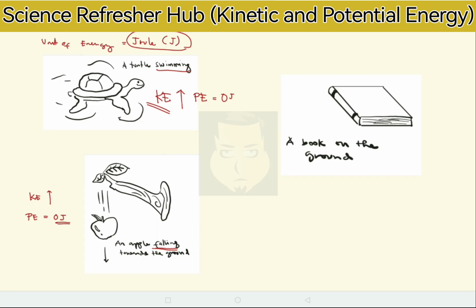Okay, and then we have another object here, a book on the ground. So it's not moving, it's purely resting on the ground. If it's not moving, no velocity, no speed, so kinetic energy is 0 joule, because the book is not moving, while the potential energy is not zero.